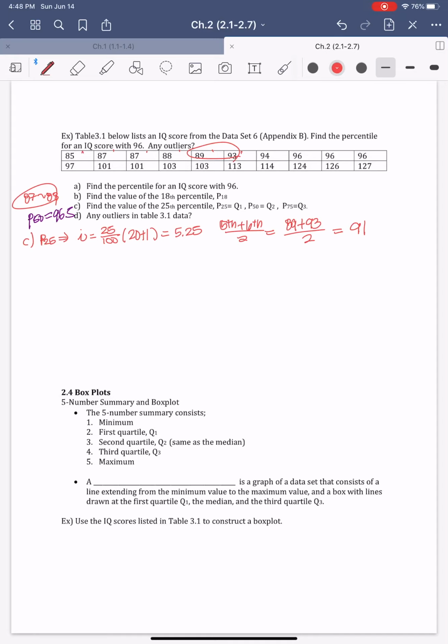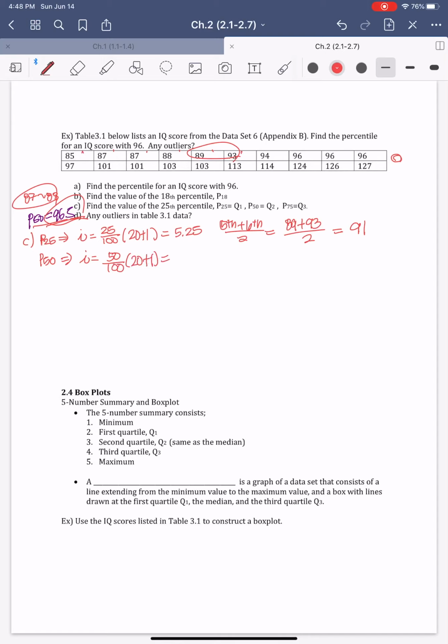Let's also find out P sub 50, which is the middle value. We already know that by counting by hand, by crossing out the terms. It was 96.5 because that represents the right middle position. But let's also use the formula to see if we do get 96.5. So again, i is equal to 50 divided by 100 times 20 plus 1.